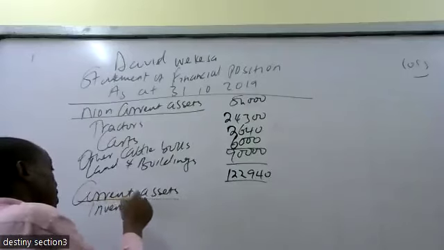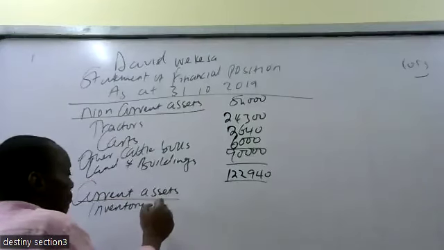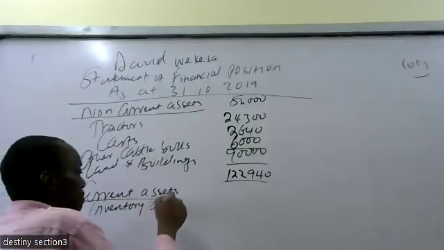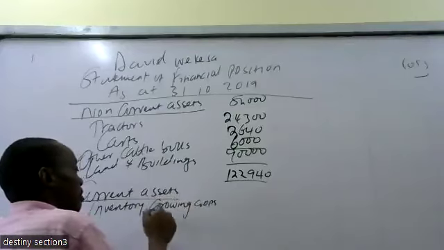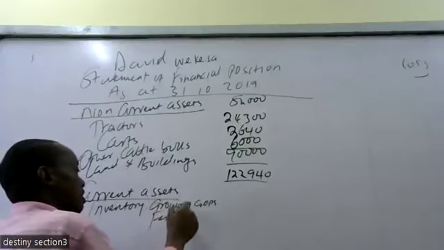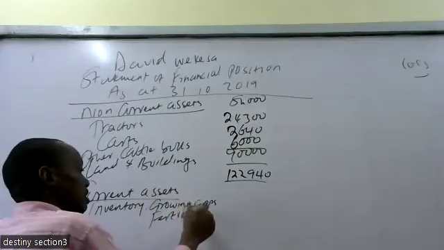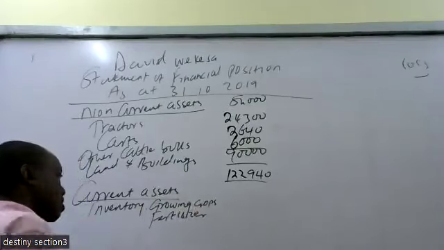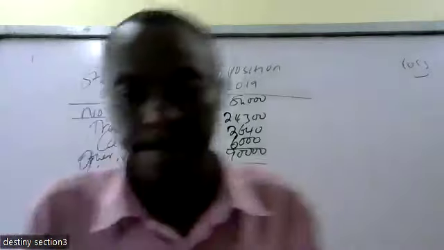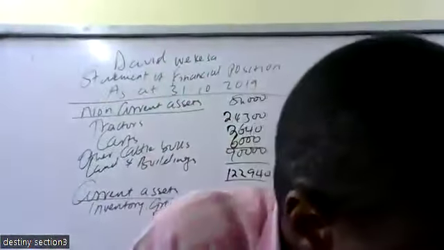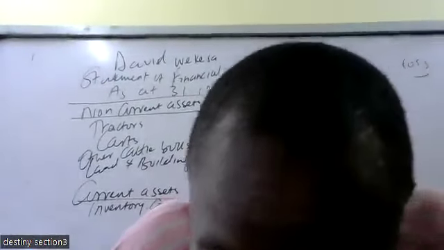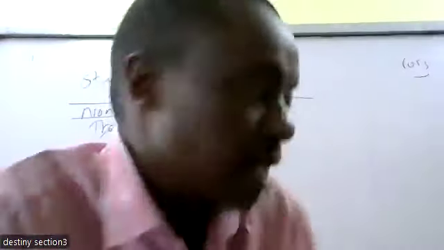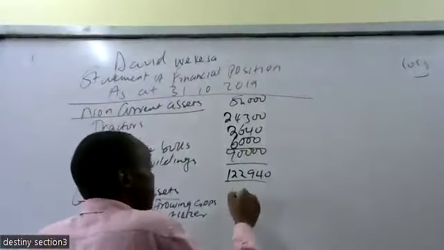Inventory. We have, I think, growing crops. Fertilizer. Okay, growing crops, how much? $2,700 fertilizer.